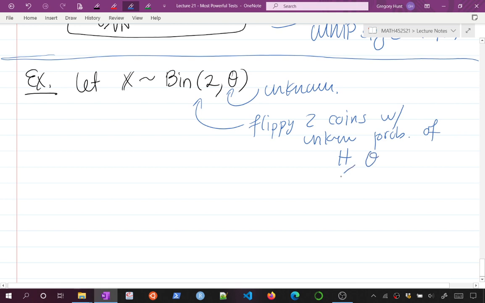So theta is the unknown probability of heads. And you can think of this kind of like flipping 2 coins and counting how many heads you get. All right, and so that's the data we collect, and we want to test the hypothesis.